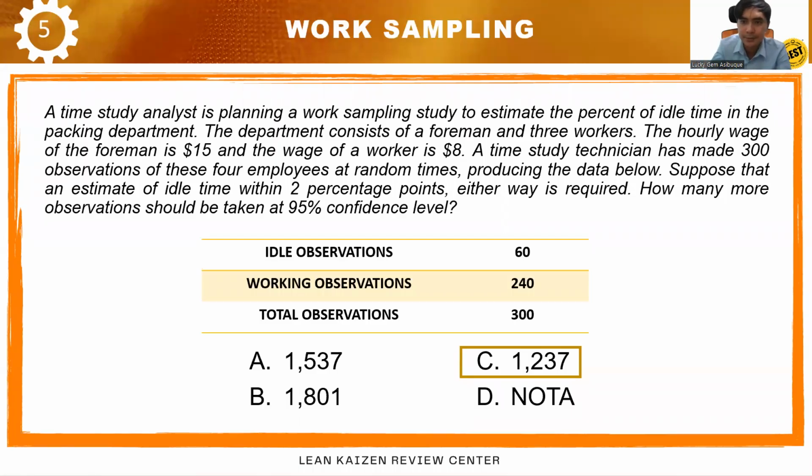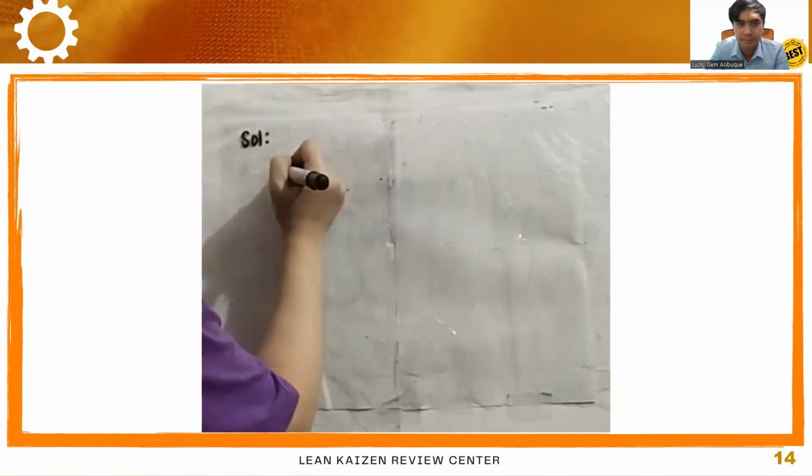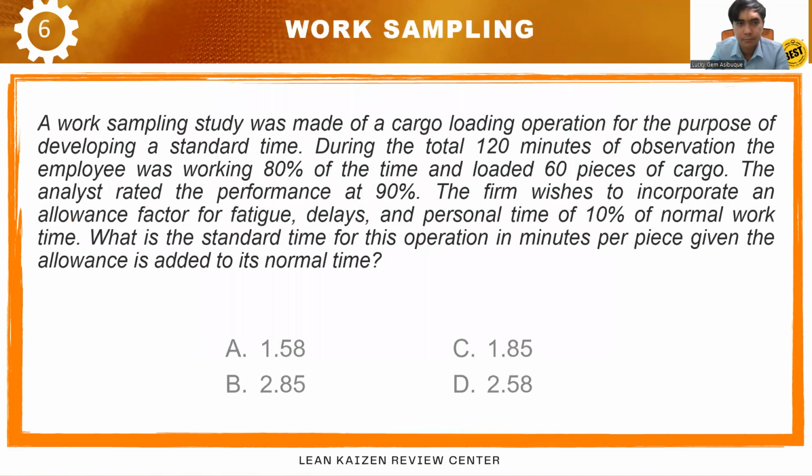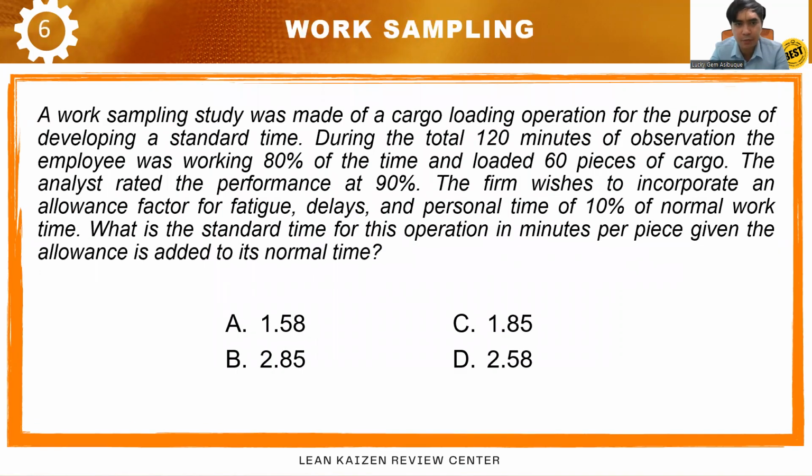All right. So let's go to the next problem. A work sampling study was made of a cargo loading operation for the purpose of developing a standard time. During the total 120 minutes of observation, the employee was working 80% of the time and loaded 60 pieces of cargo.